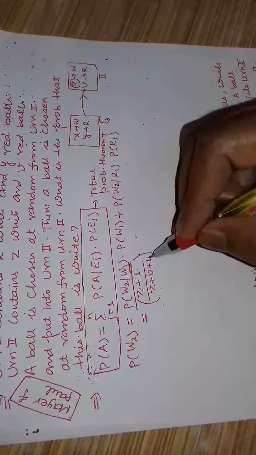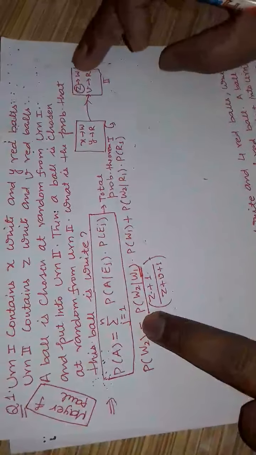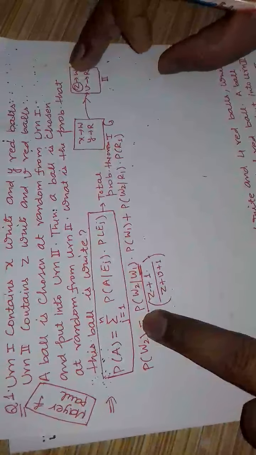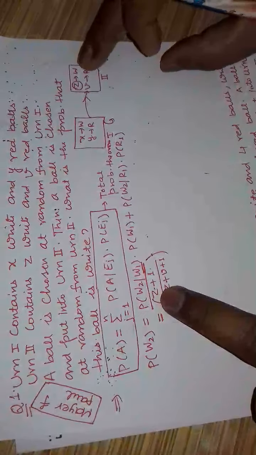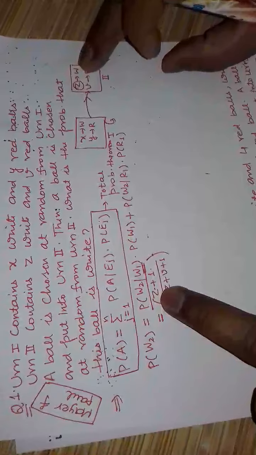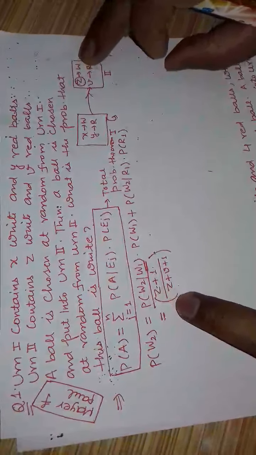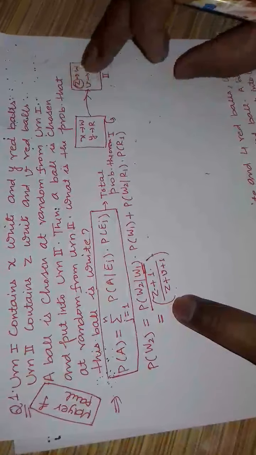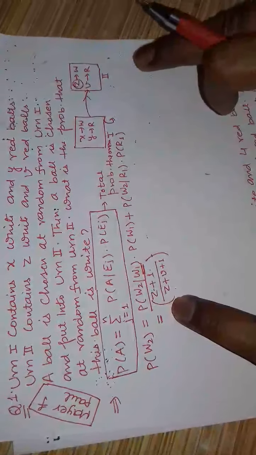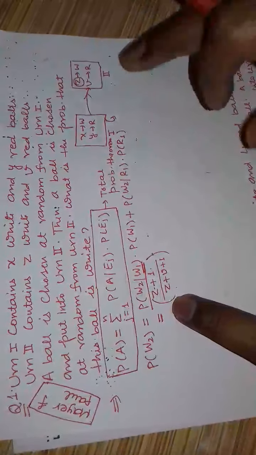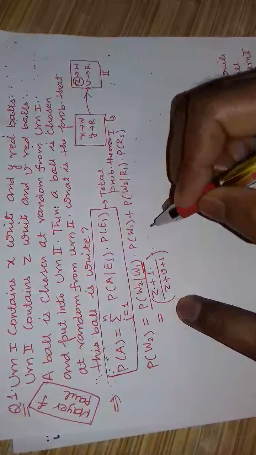I think you got it. The total white balls in this box are Z plus 1 because Z balls are white already and one has come from the first urn, and the total is Z plus V plus 1, into the probability of W1.